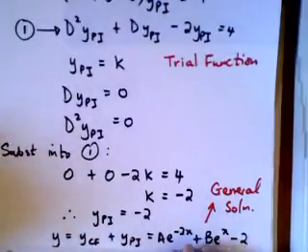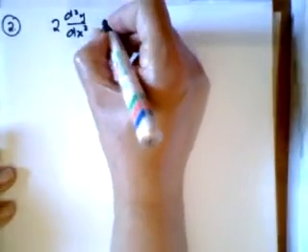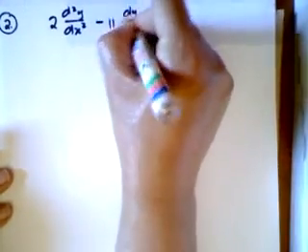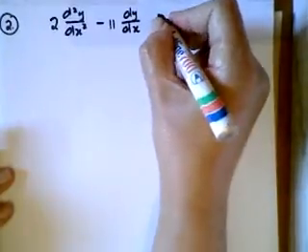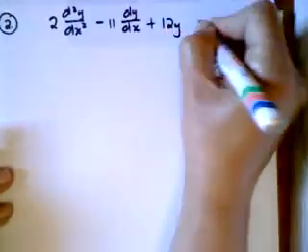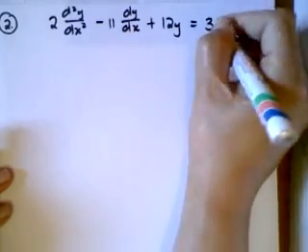Now, let's move on to the next example. In your next example, we have number 2: 2 times d squared y dx squared minus 11 dy dx plus 12y equals 3x minus 2.